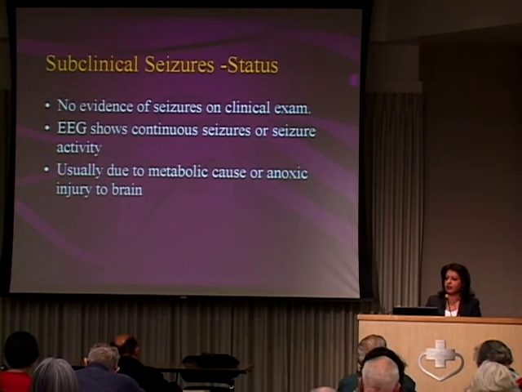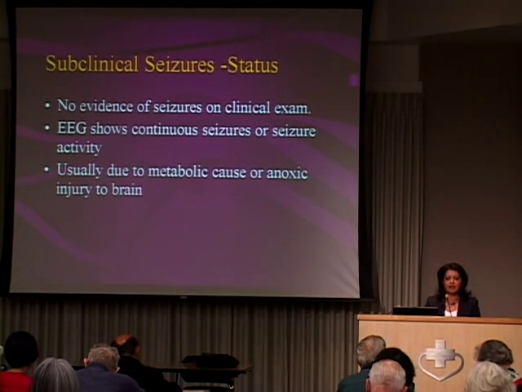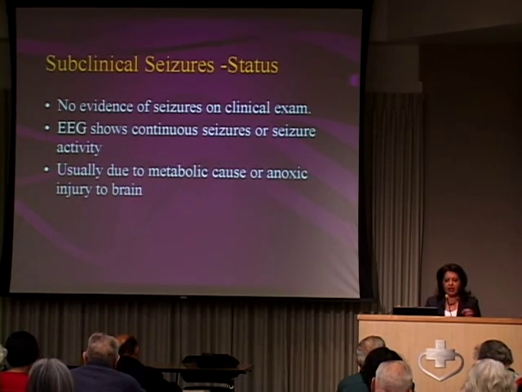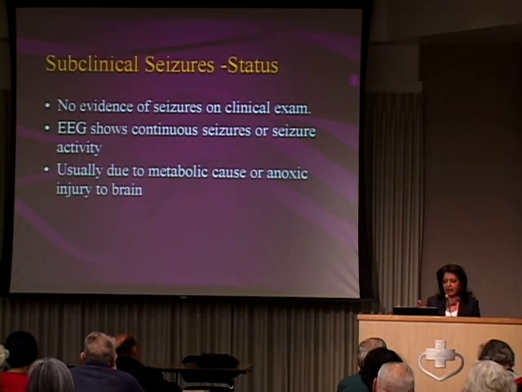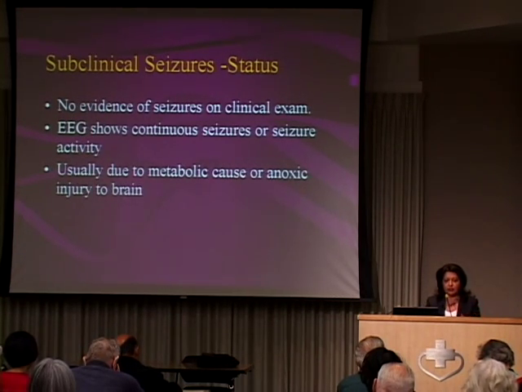If they're not showing seizures clinically, but they do have a history of known seizure, or I suspect that they may be having seizures, then we do a test called EEG, electroencephalogram. It's a recording of the brain waves, and I might find that the patient is having underlying seizures. I'm not seeing them clinically. They're not showing any symptoms, and they are in a comatose condition, but the brain is having seizures. So these are called subclinical seizures.